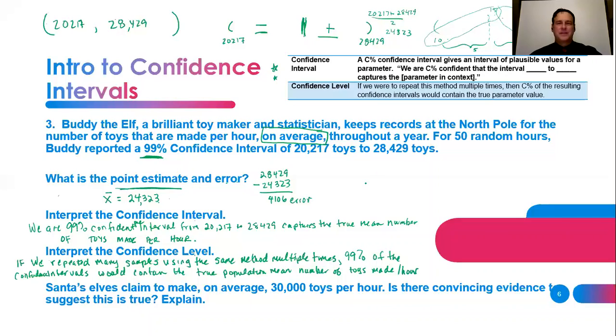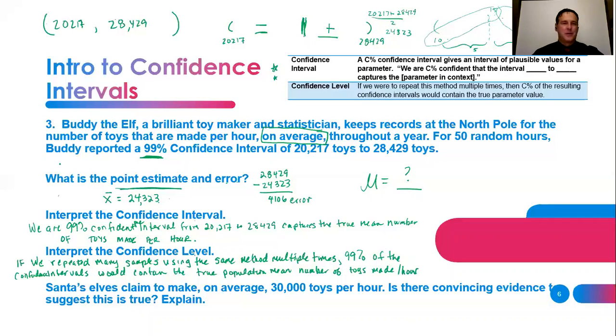Again, I'm going to write this off to the side. The mean number of toys made is unknown. There's too many hours in a day to figure out how many toys are made per hour on average. Too many hours in a day, too many days in a year, and Santa has been around for centuries. But we have an estimate for this.